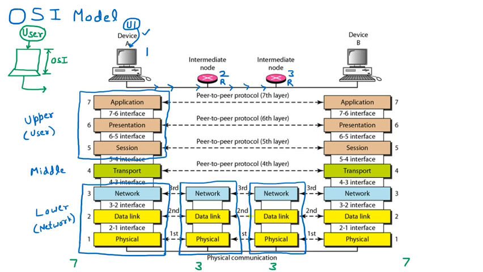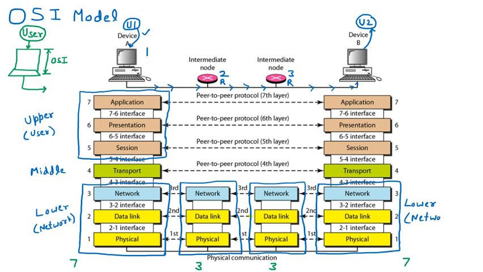Then further the data is going from the wire to the computer, and here we have user 2 who is getting the data, and the user and the wire are involved. That means all the layers are required. So the lower 3 layers are required to help the network. These 3 layers are helping the network because they are called the lower layers.